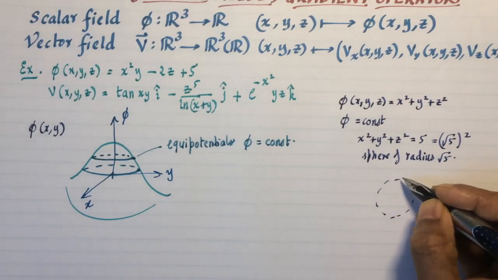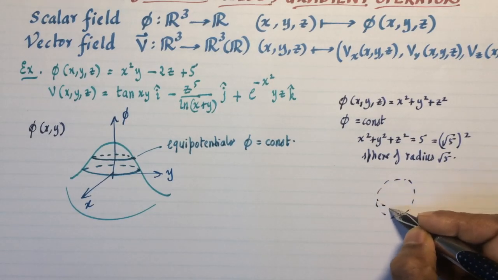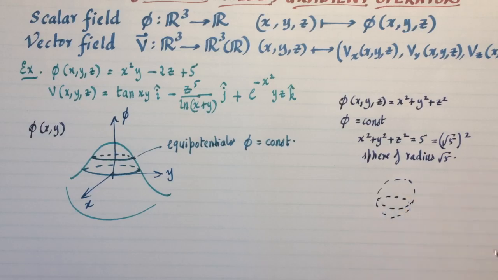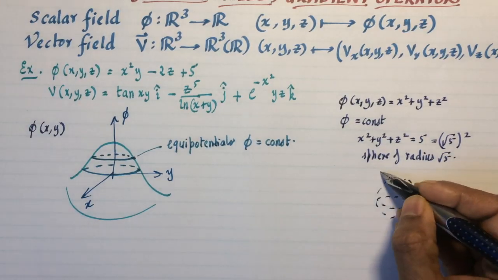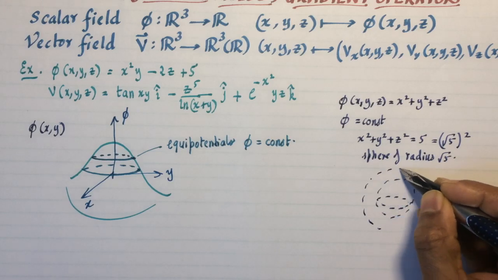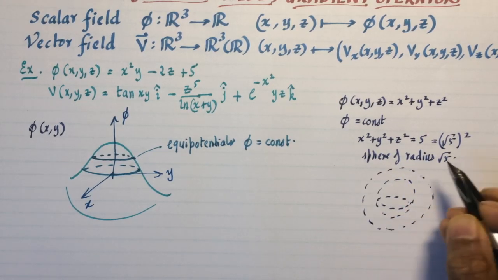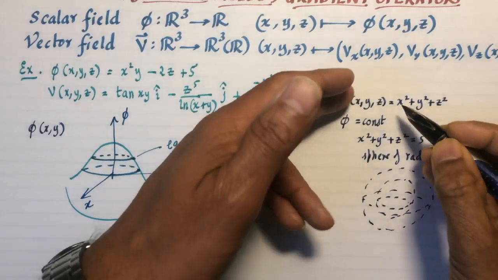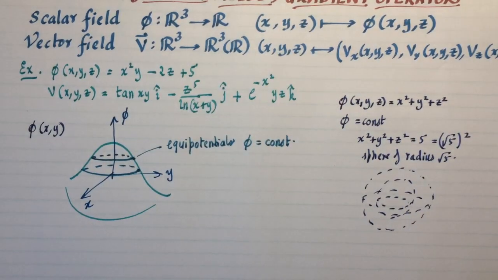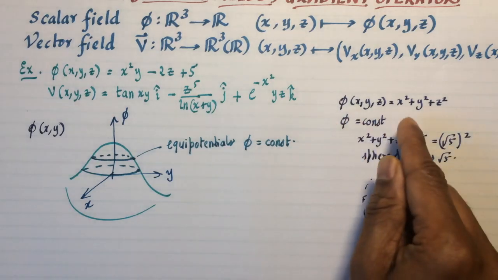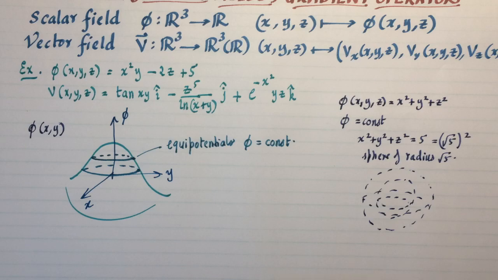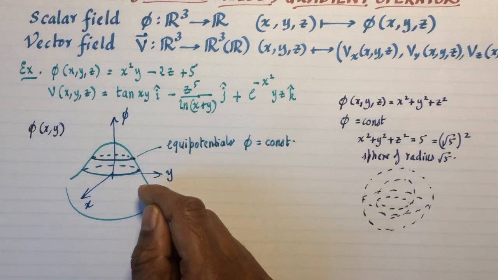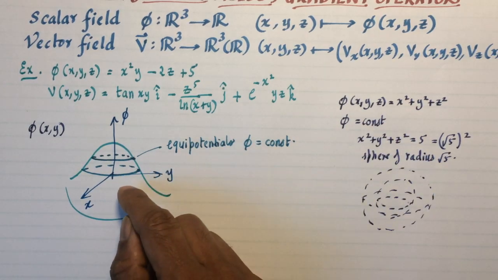So here's what I meant by the stitching the movie concept. At any given time, that sphere looks like that. At a different time, the sphere will look like that. And if you stitch all these pictures together, you'll get a full picture of the potential itself. So the equipotentials are like a stepping stone to understanding the true nature of the potential's graph. Now, I'm coming back to 2 dimensions from 3 dimensions to visualize it better.